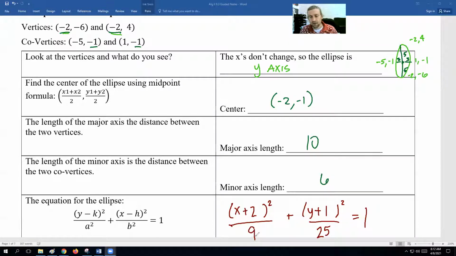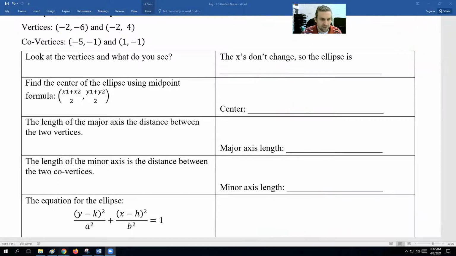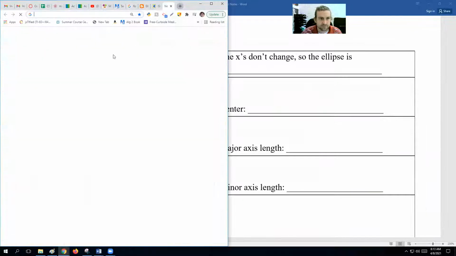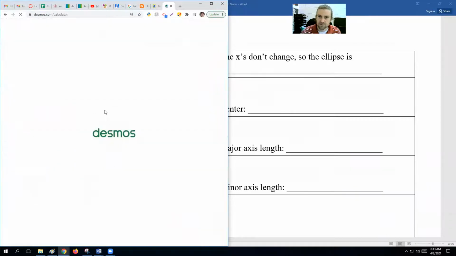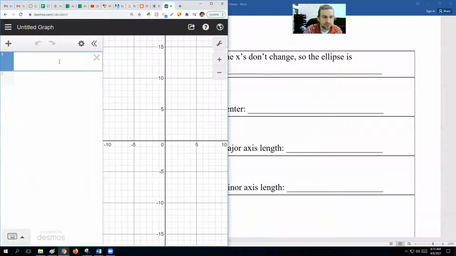So there's our equation. We can always double check these things by typing that problem into Desmos. Let's go ahead and do that here. x plus 2, y plus 1, 9, 25. Okay, I think I can memorize that. So go ahead, open up Desmos. Desmos, once again, in this whole section is going to be our helper.